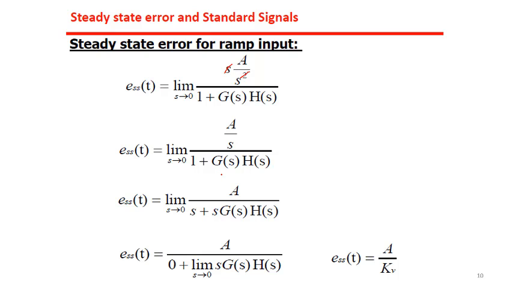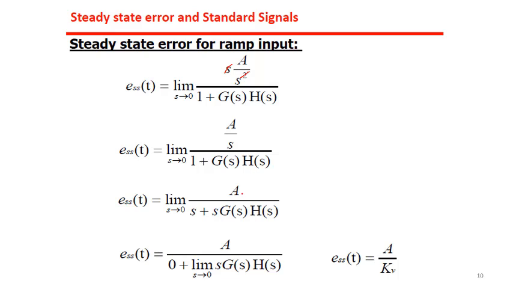So next, when we rewrite it, we get ESS for a function of t equal to limit s tends to 0 of A in the numerator, whole divided by s plus s into G of s into H of s. So this s is coming here.